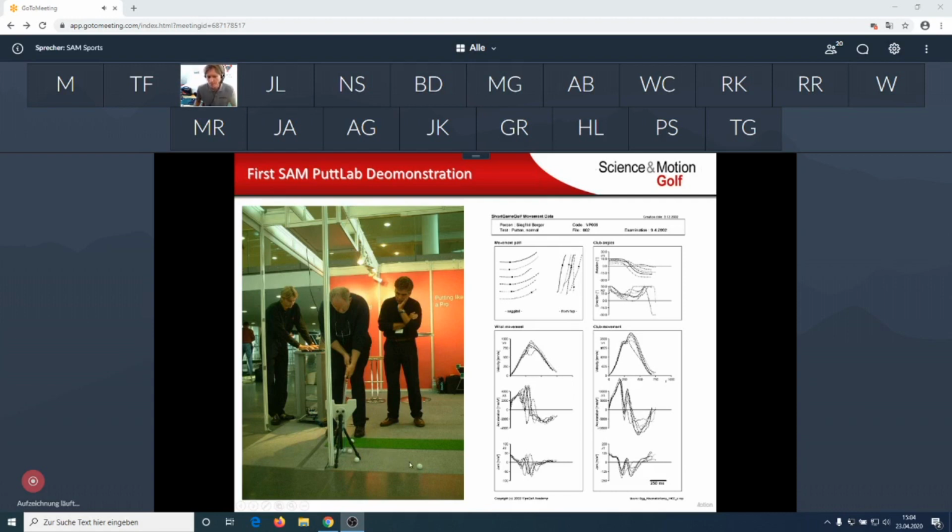Two of the speakers were Dave Pelz and Hank Haney, and there was a German coach introducing us into this coaching and teaching community. So Dave Pelz came to our booth and Hank Haney came to our booth. And this is actually Dave Pelz hitting a couple of putts on this mat.